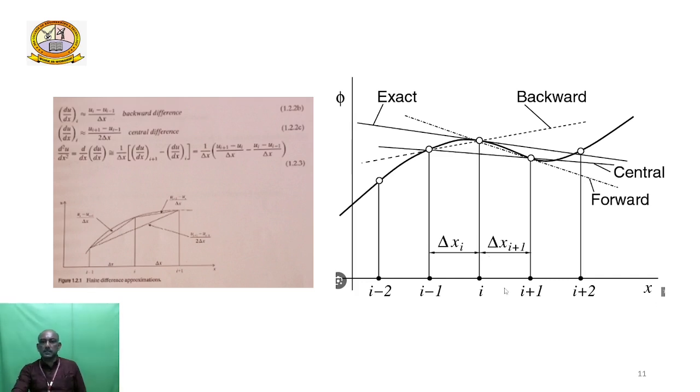In this second diagram, it is almost clearly mentioned. If we follow the exact curve like this, to approximate, we calculate the straight line, by forward difference, backward difference or central difference. We approximately find the value. As we follow the distance more, more error will come.